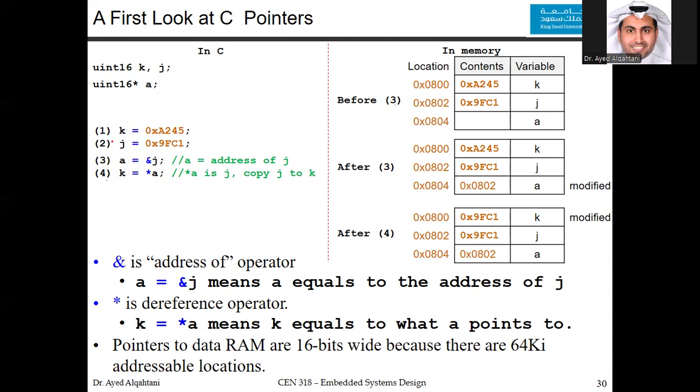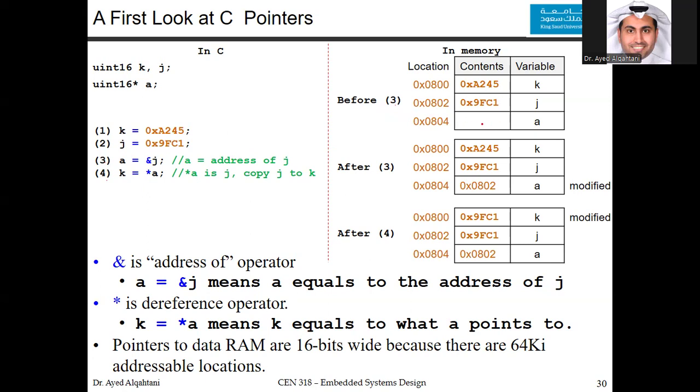In the first two statements, you just assign values to K and J, and this is why you have the value of K here and the value of J over here. In the third statement, A is equal to the address of J. Meaning A, before execution of the third statement, has nothing.